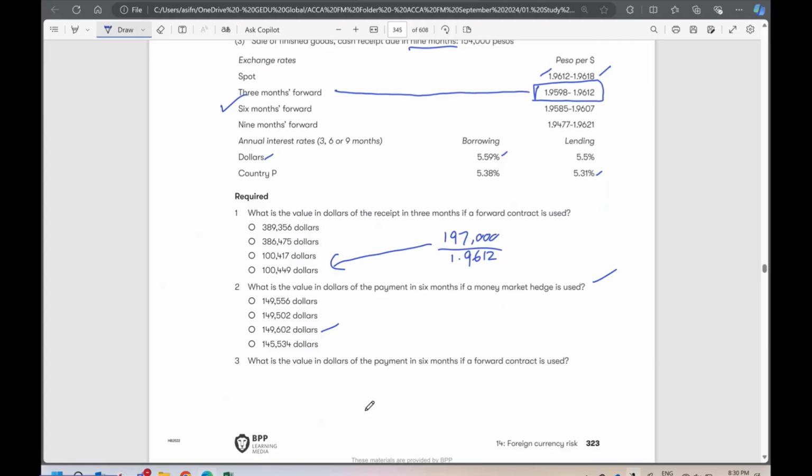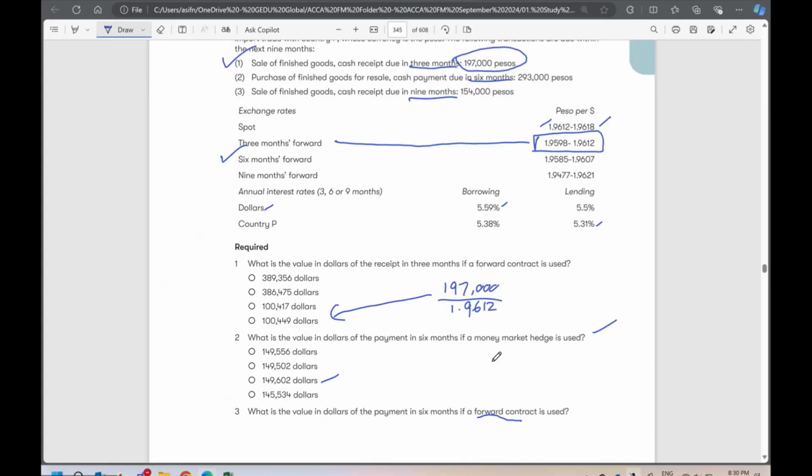Okay. Next, what is the value in dollars of the payment in 6 months if the forward contract is used? If you use a forward contract, how much do you have to pay?